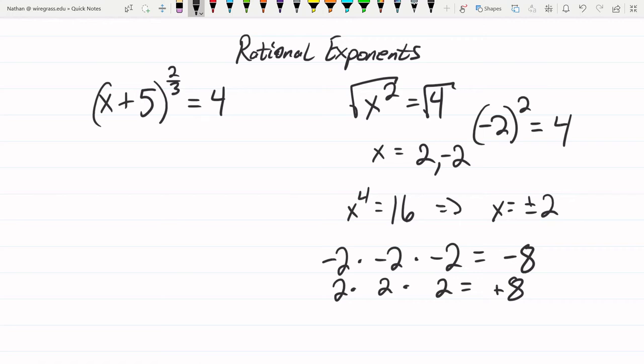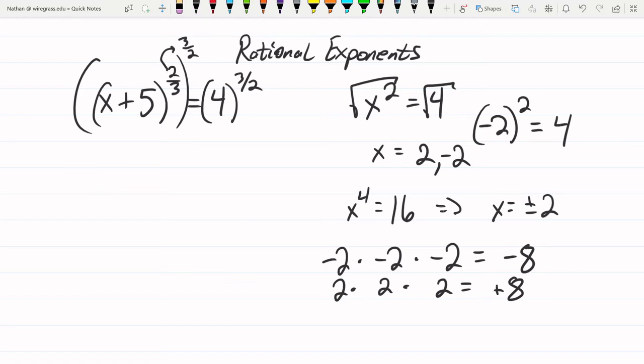We need to take care of the power here and to get the x outside of the parentheses so we can solve for x. And the way we can do that is we can take this thing to the power of 3/2. And of course, you do both sides. And a power to a power multiplies the powers.